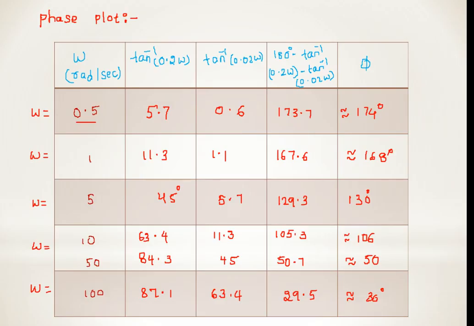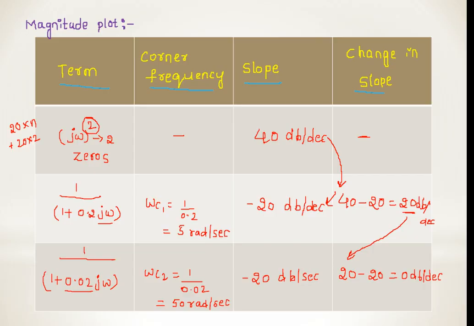So in order to calculate the k value, equate the 20 log k equal to 28 decibels. So we are getting the 28 decibels value when omega equal to 5 radians per second.